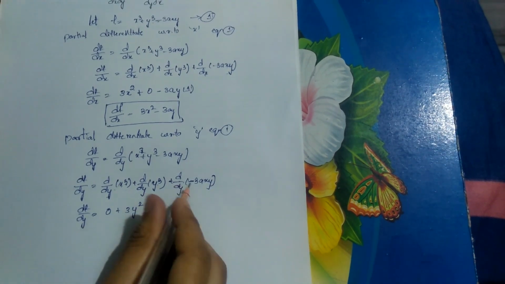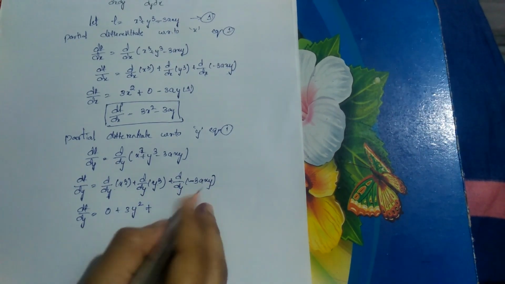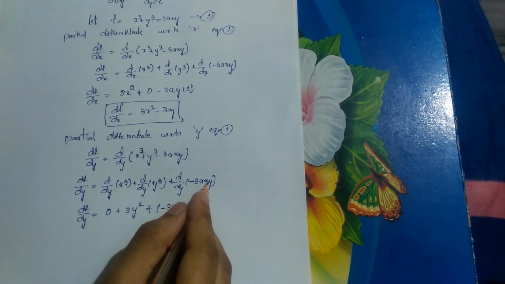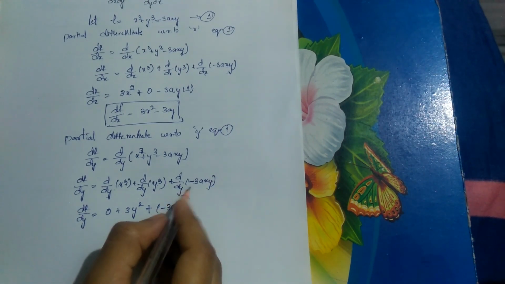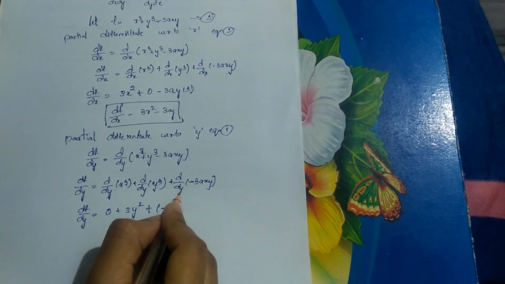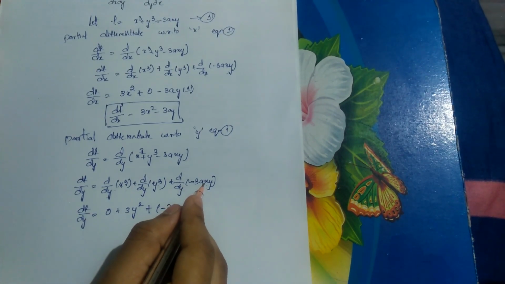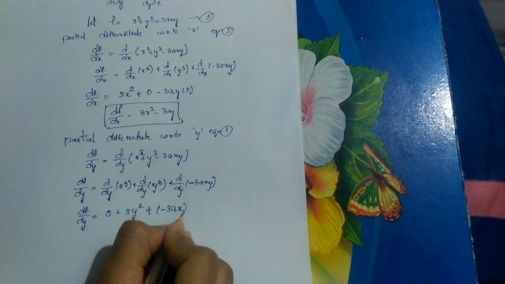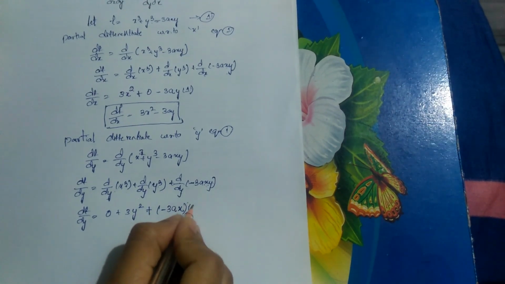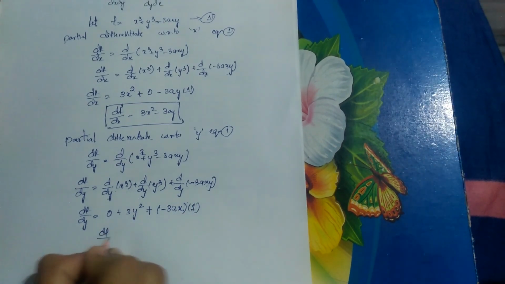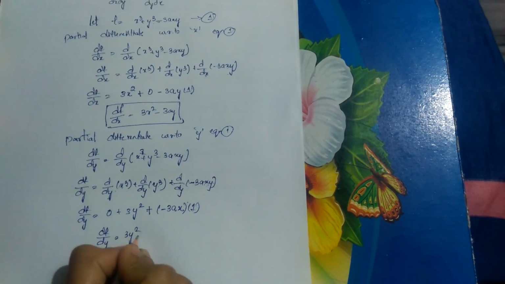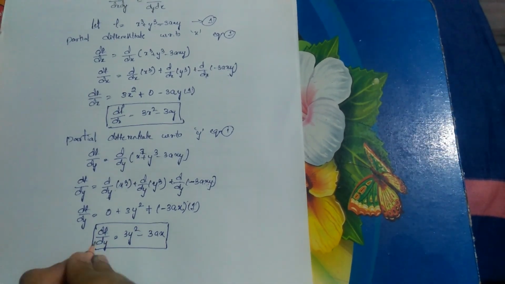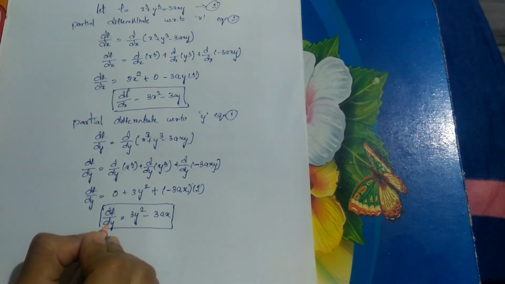And then differentiation of minus 3axy: here minus 3a is a constant, as it is, and then xy is differentiated with respect to y. So when we are differentiating with respect to y, the other variable, here x, is treated as constant. So write x as it is, and then differentiation of y with respect to y is 1. So here dou f by dou y is equals to 3y square minus 3ax, the final differentiation with respect to y of the given function f.